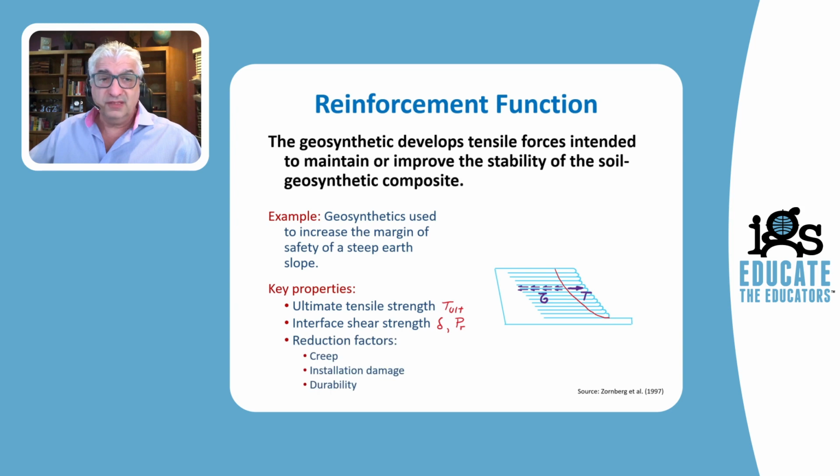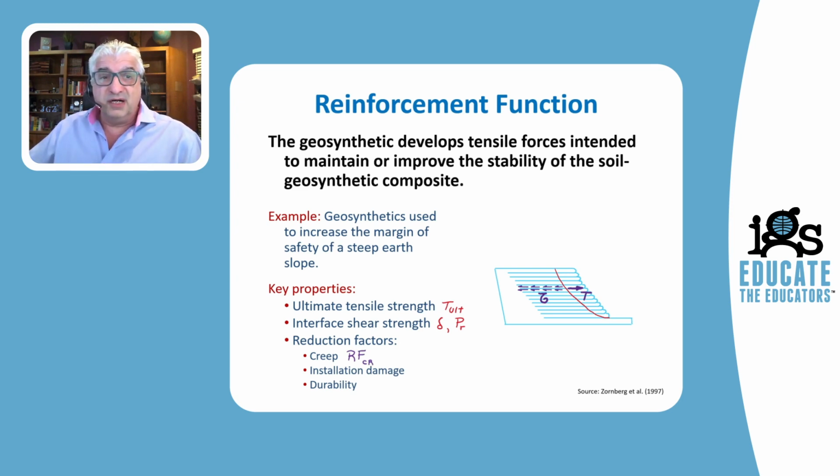We also need to make sure that we're designing the ultimate tensile strength not for the tensile strength that we have at the time of construction, but the tensile strength that will remain at the end of the design life of the structure. Over the design life of the structure, there may be some reductions in tensile strength that need to be accounted for. This includes creep, so we will need to quantify what is called a reduction factor for creep.